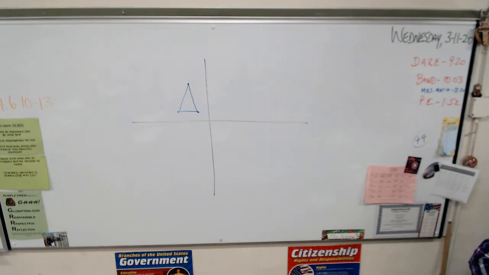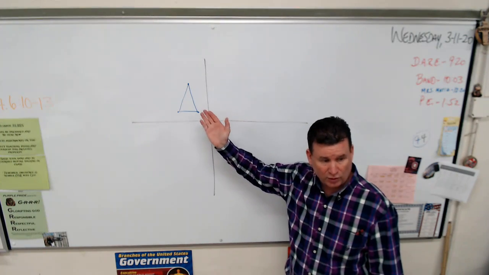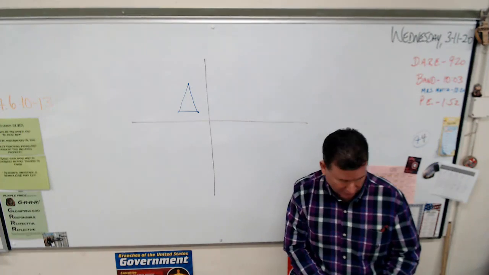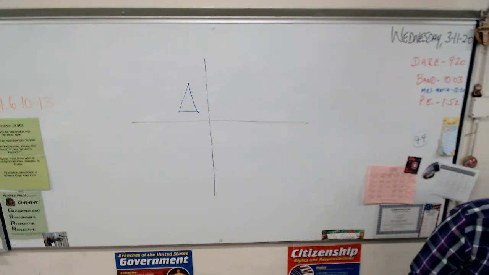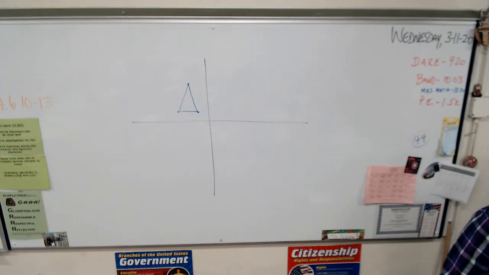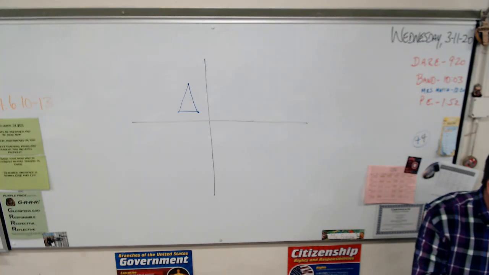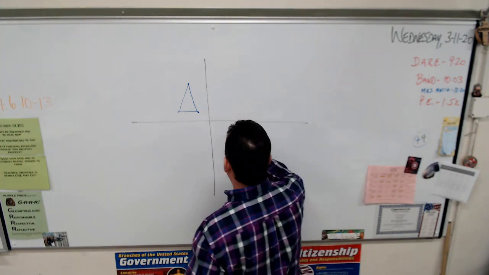Oh, okay. Micah, you're going to reflect over the y-axis, so you multiply the x's by -1. So here's going to be my new image. Instead of -1, 1, it's going to be 1, 1. Do you know why? Because -1 times -1 is +1.